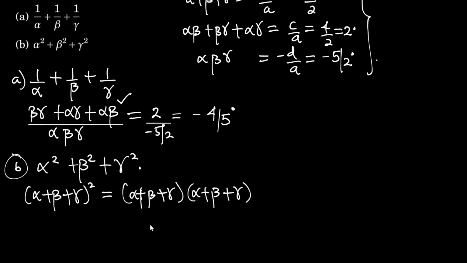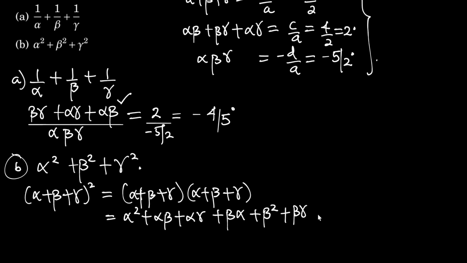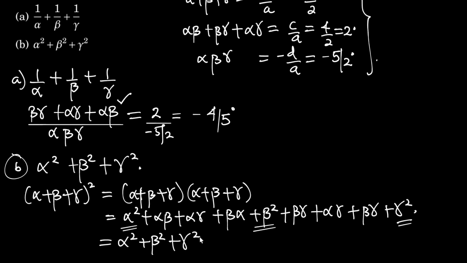And when you do this, you're going to have alpha squared plus alpha beta plus alpha gamma plus beta alpha, plus beta squared plus beta gamma, and then alpha gamma plus beta gamma plus gamma squared. And when you look at this very well, you will see that we have alpha squared, beta squared, gamma squared put together. We have alpha squared plus beta squared plus gamma squared.